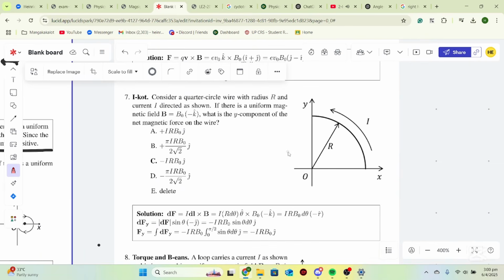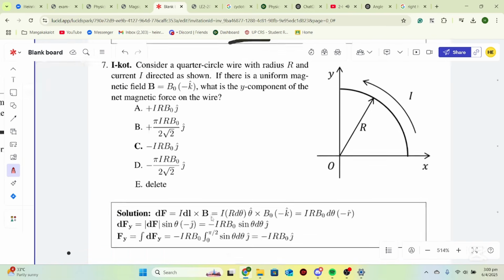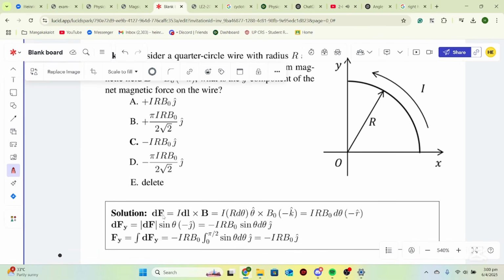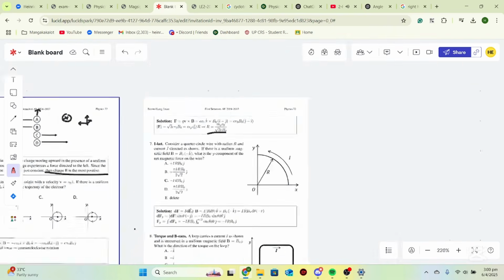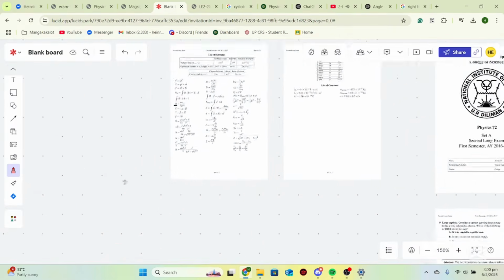Consider a quarter circle wire with radius r and current I directed as shown. If there's a uniform magnetic field B equals B naught negative k, what is the y component of the net magnetic force on the wire? So this equation can be found from this one, F equals ILB.